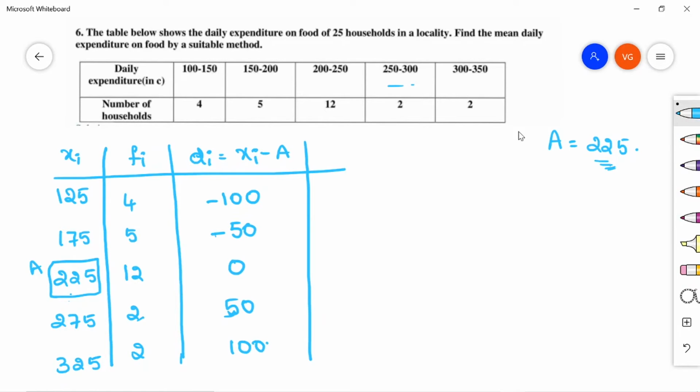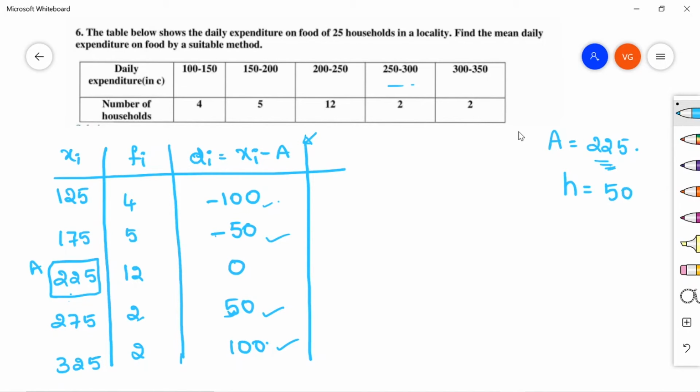Now if you are going with the shortcut method, you have to multiply di and fi, right? Still these numbers, like 150, are big numbers. So to make the calculation simpler, I'll go with the step deviation method, taking the step size as the common number from the deviations column. So 50, 100.